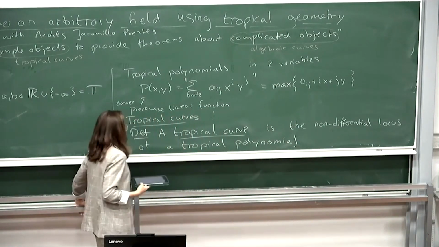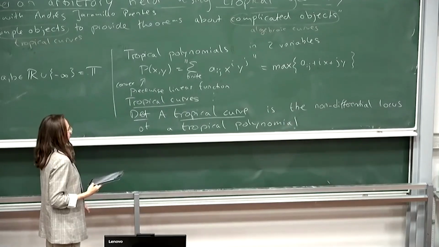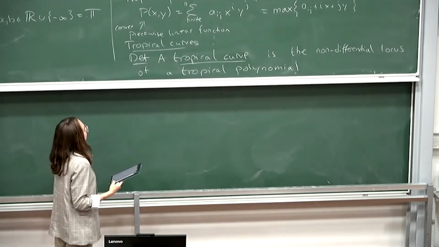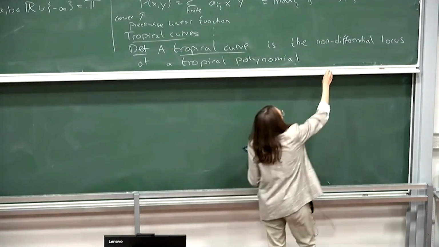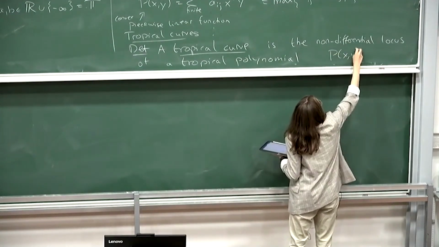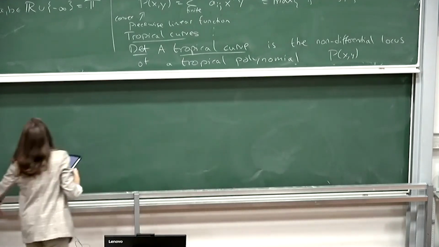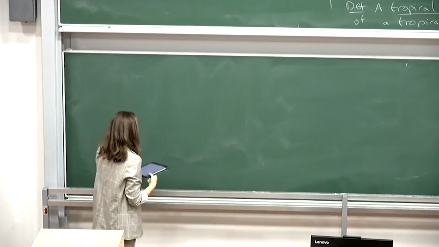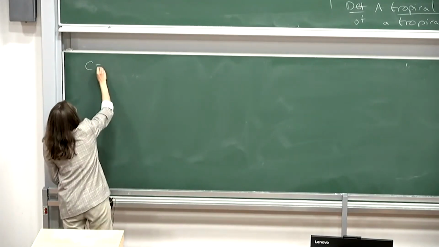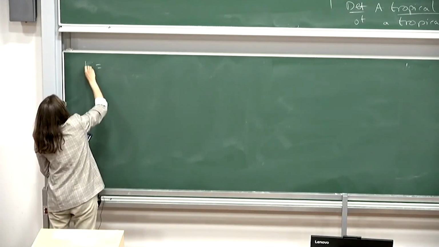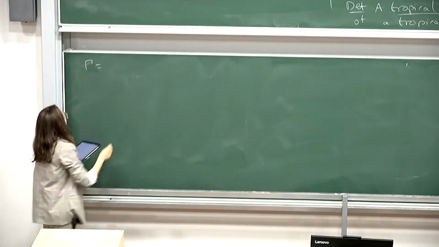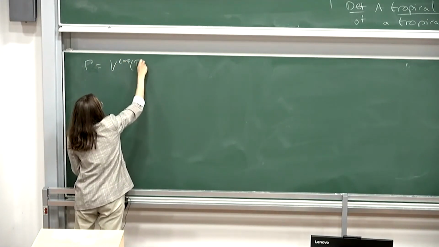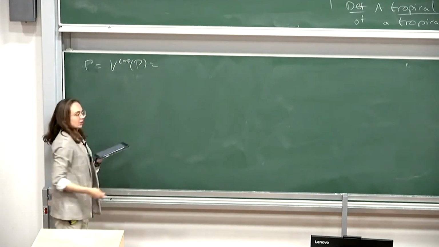Let's call the polynomial P(x,y). So actually, let's call the curve gamma because it will be a graph. So we write this for the tropical vanishing locus of the polynomial.